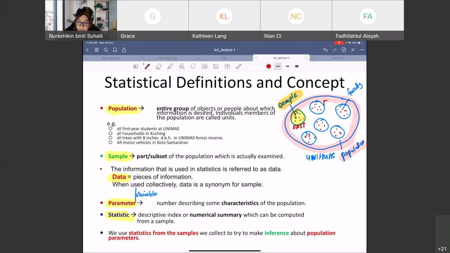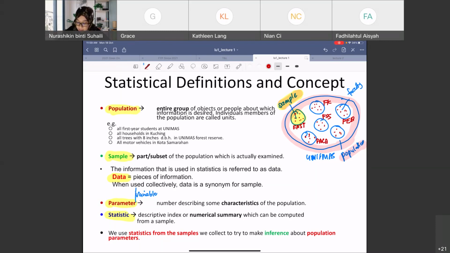Then we have the Faculty of Engineering, the Faculty of Economy and Business, the Faculty of Science, Social Science, FSS, Applied Creative, PAKA. Let's say this represents the number of students who have received vaccines. So what is the importance of the data from the samples? It will represent the data of the whole population at the end, isn't it?